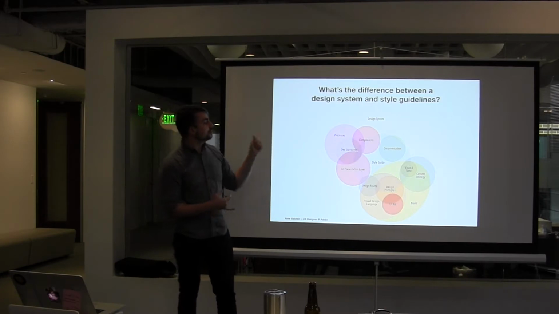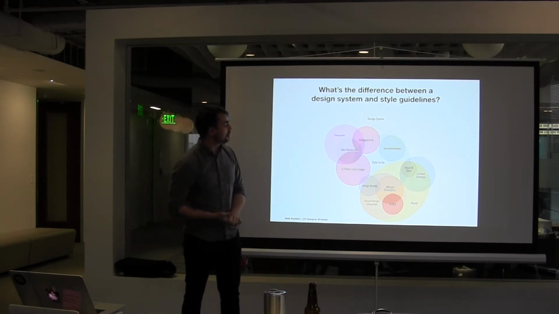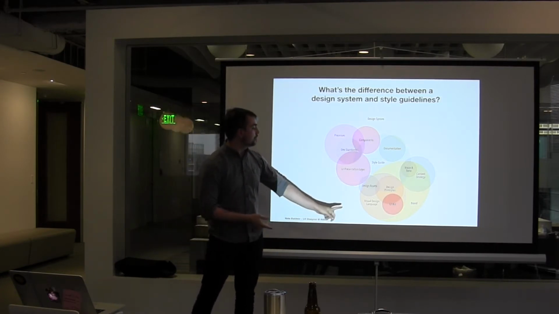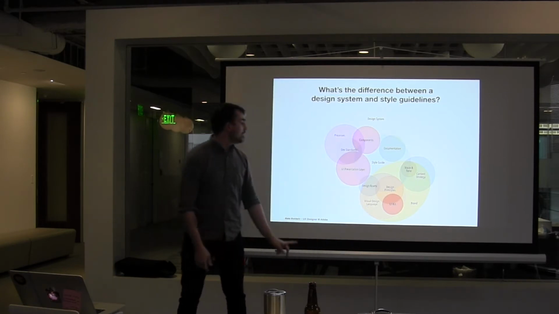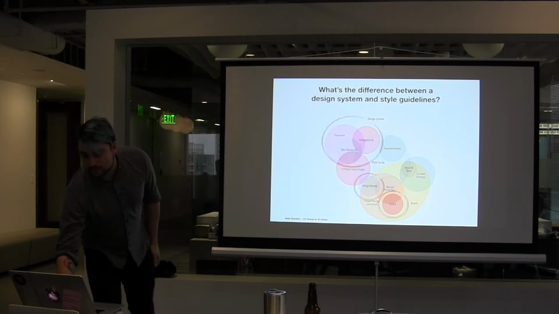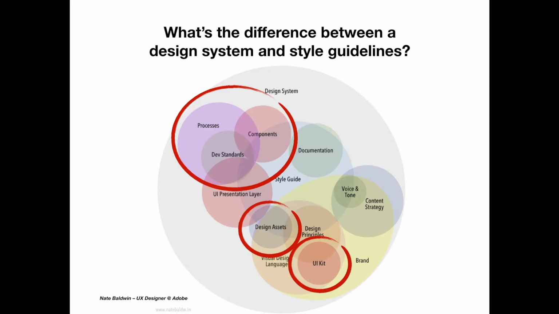And that includes the voice and the tone, content strategy, design principles, design assets, visual design languages, UI kits. But I want to pay extra attention to this incorporation: it also includes the components written in code, dev standards and processes.